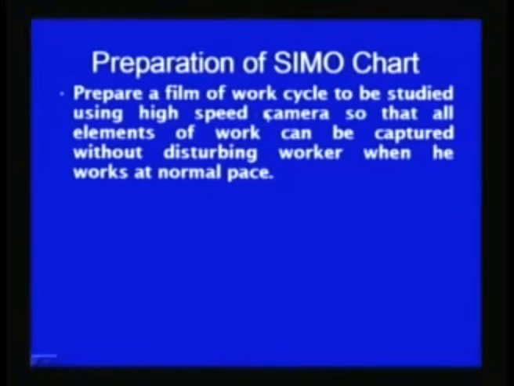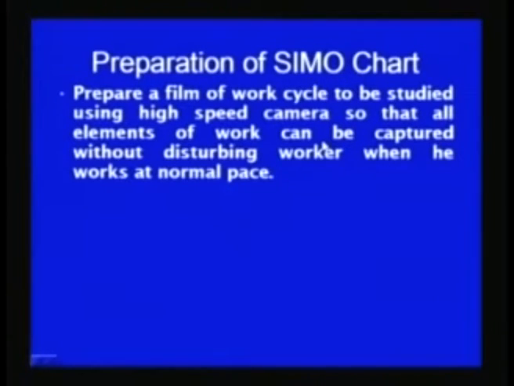For preparing the SIMO chart, a film of the work cycle is prepared first, and that is studied, and that film is prepared using high speed cameras, so that all elements of the work can be captured without disturbing the worker. So, this is the first step for preparing the SIMO chart.